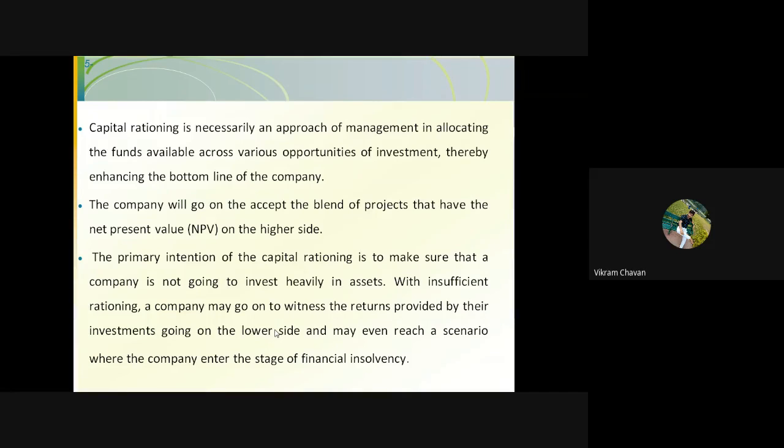This scenario can happen with any company, and to avoid it, capital rationing plays an important role.